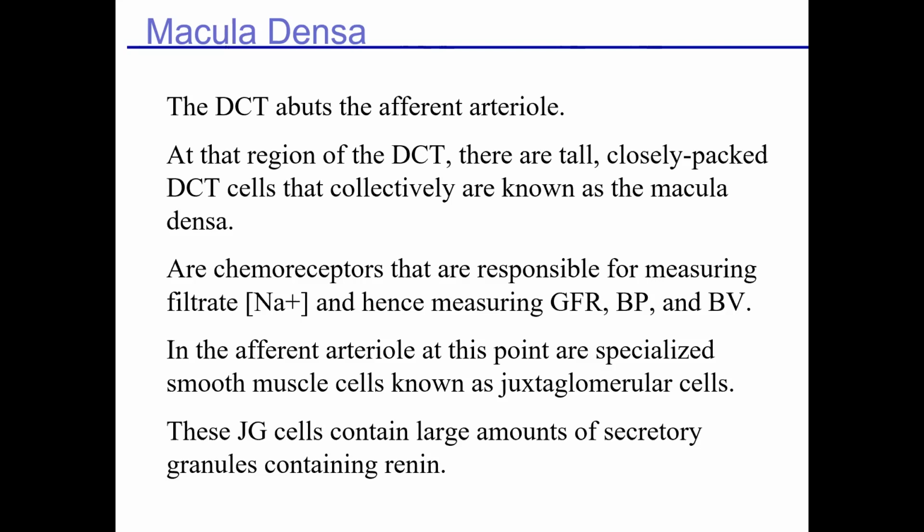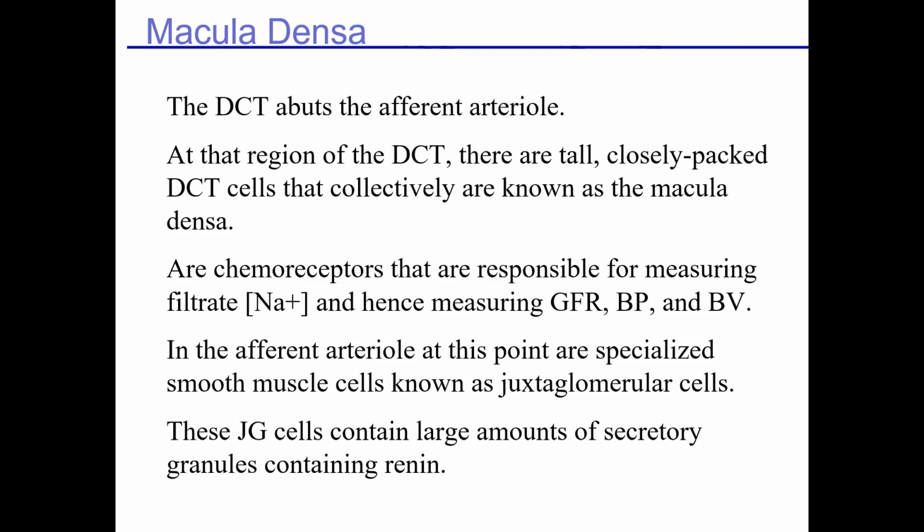And that GFR tells us then what the blood pressure is. If our sodium levels are very high, then our blood pressure is high. If our sodium levels are high, it means that our GFR is fast. And then what makes our GFR fast? High blood pressure. High blood pressure going into the glomerulus pushes the blood through faster.